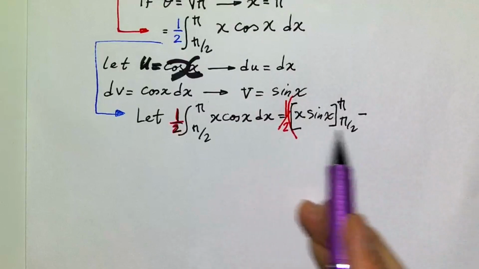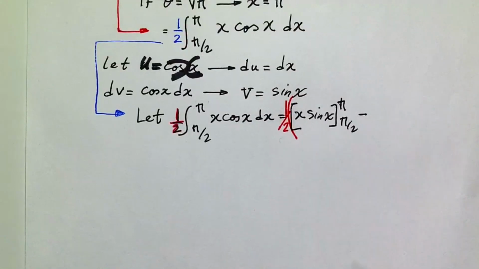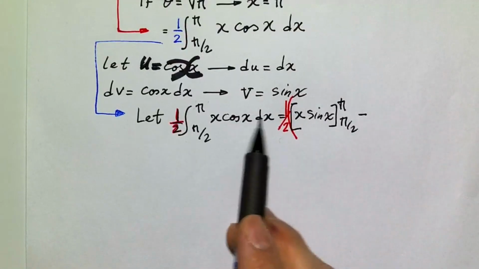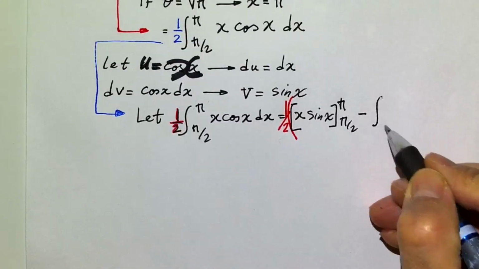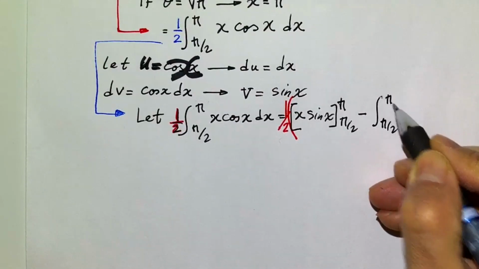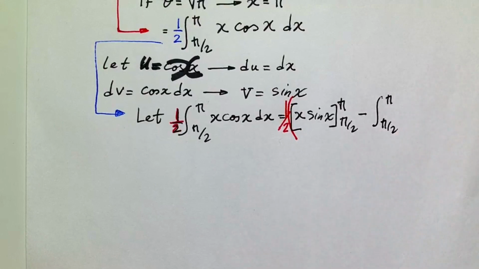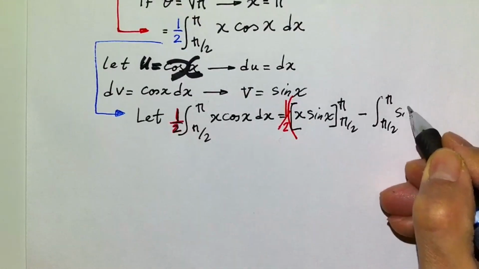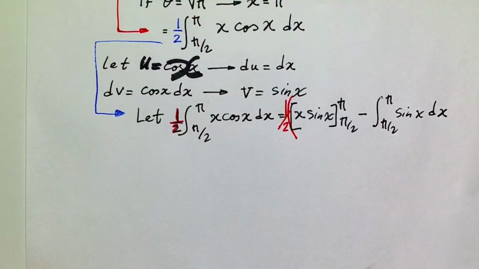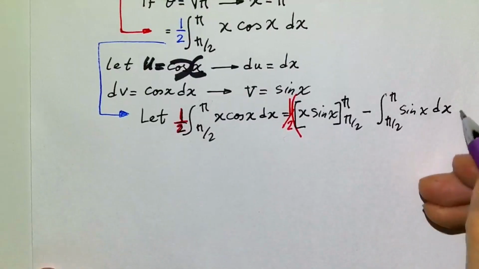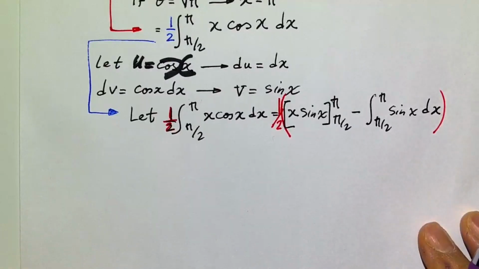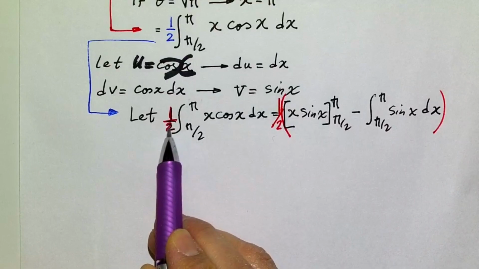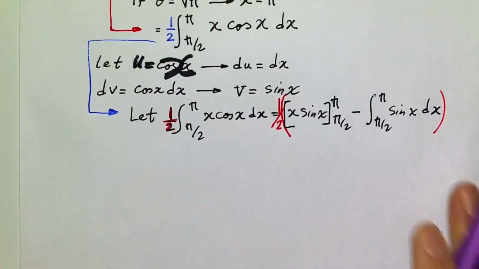So 1/2 times everything we do in the integration by parts. So then we have the integral from pi over 2 to pi of v du, so that would be sine of x dx, right? And let me close the parenthesis there. Okay, so we remember that this 1/2 is in front, and we carry it over.